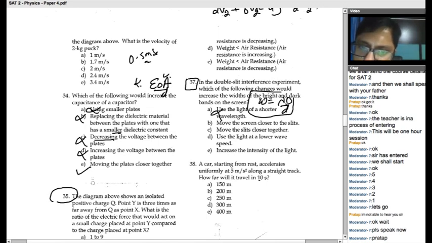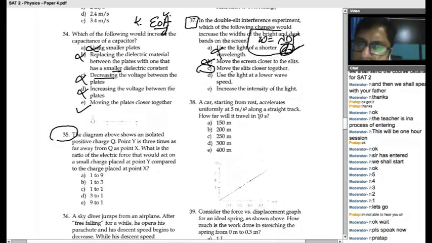Move the screen closer to the slits: then you decrease the D, so this will not help. Move the slits closer together, because that will impact small d. That is the answer. Yeah, 38. Okay.